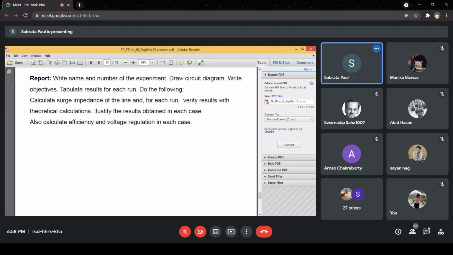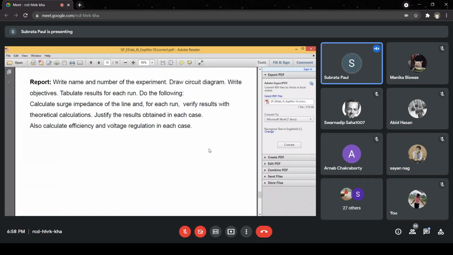You will have to write down the justifications when you prepare your report, and you also have your theoretical notes on this, right? So justification will have to be given for each case, and efficiency and voltage regulation in each case you will have to calculate, right? Not much, you'll have to do that.